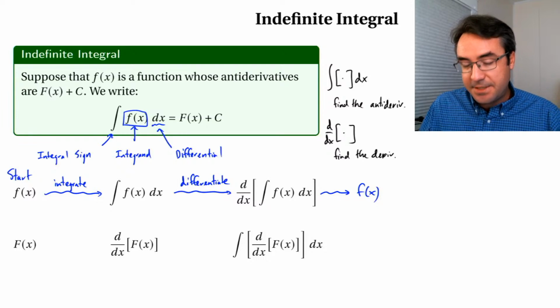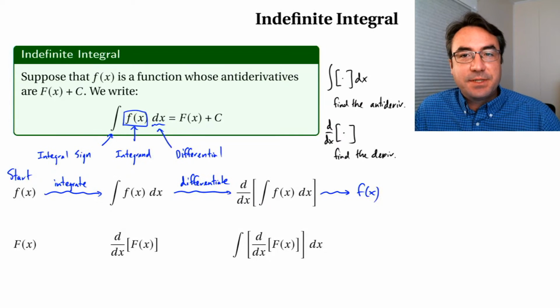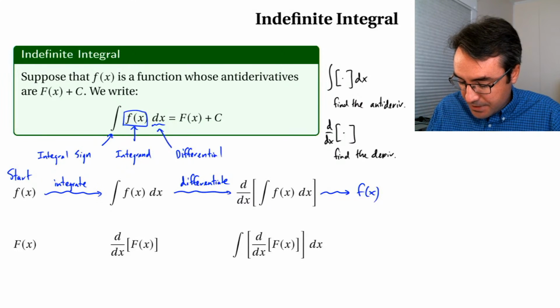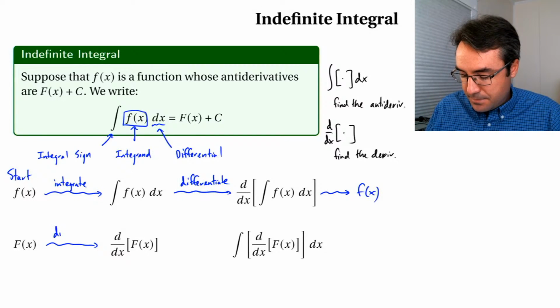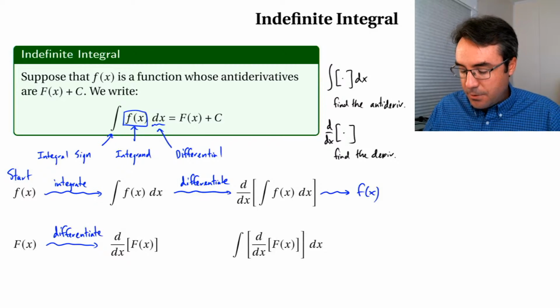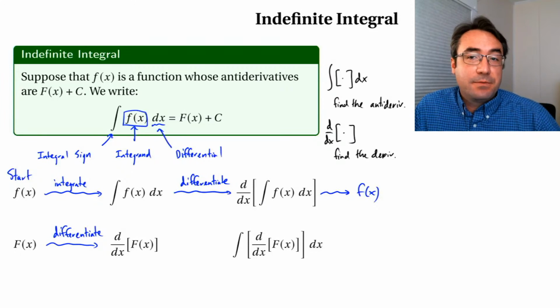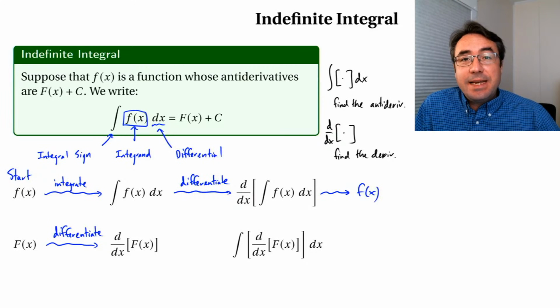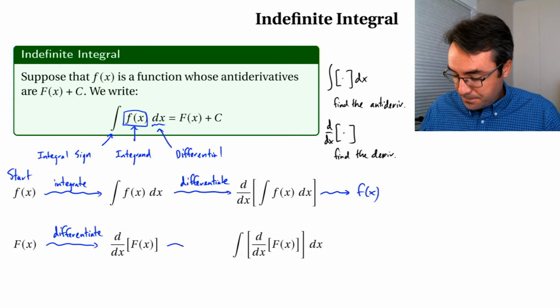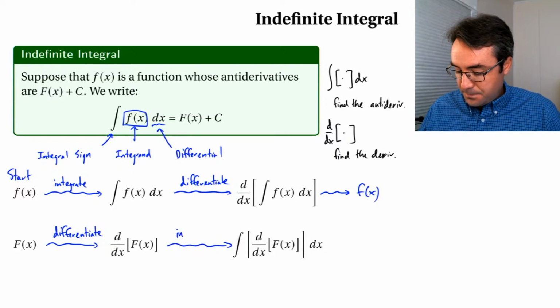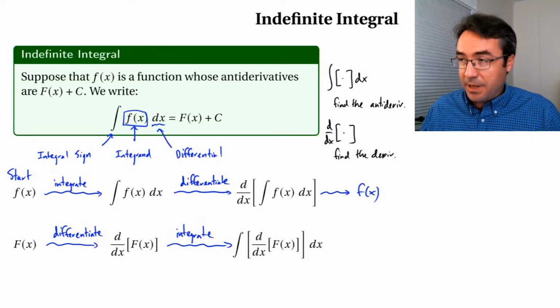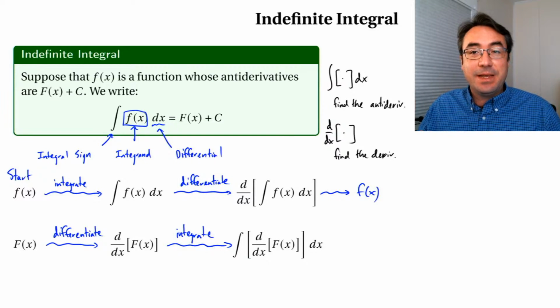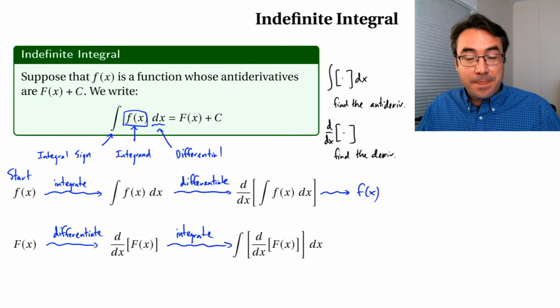Now let's go in the opposite order. Let's say we start with a function capital F of x, and let's say we were to differentiate that. We would get the derivative of capital F, so maybe f prime. And let's say we wanted to then integrate that. So we start with a function capital F, we differentiate it, and then we integrate the derivative.